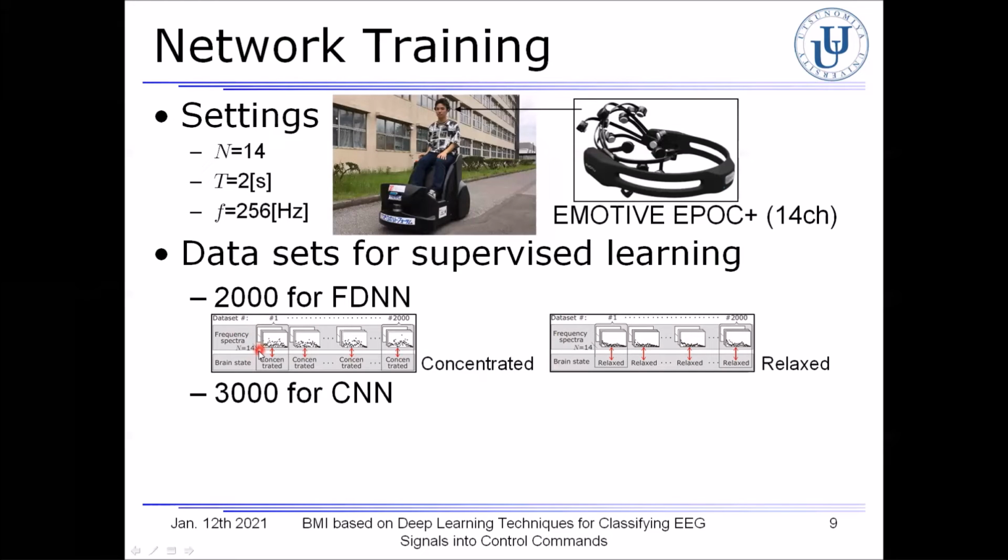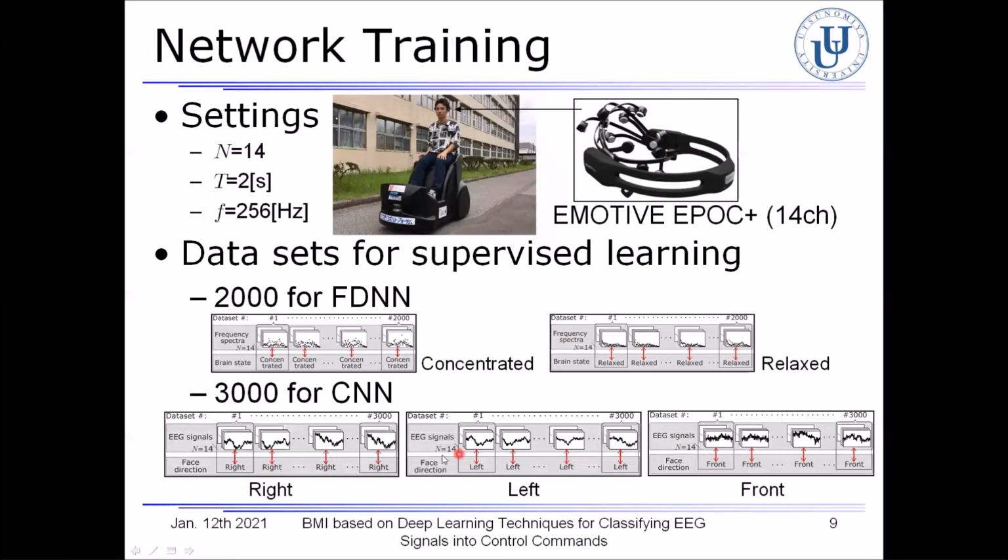And for these inputs, the brain states, concentrated or relaxed, are annotated. For the angular velocity command classifier, EEG signals when the user faces to the right, left, and front are measured as shown in these figures. And the time series EEG signals are then annotated as right, left, or front direction.